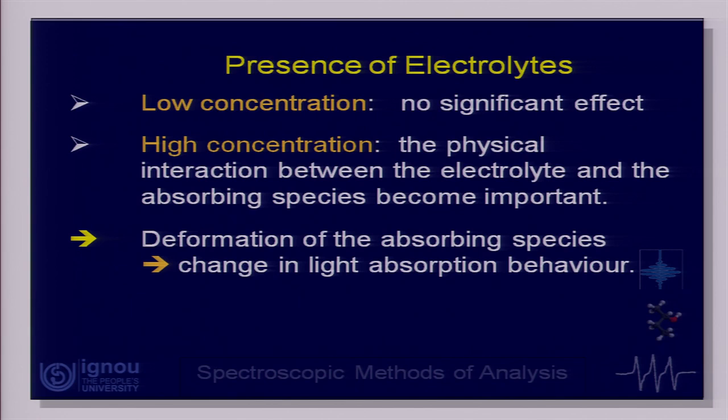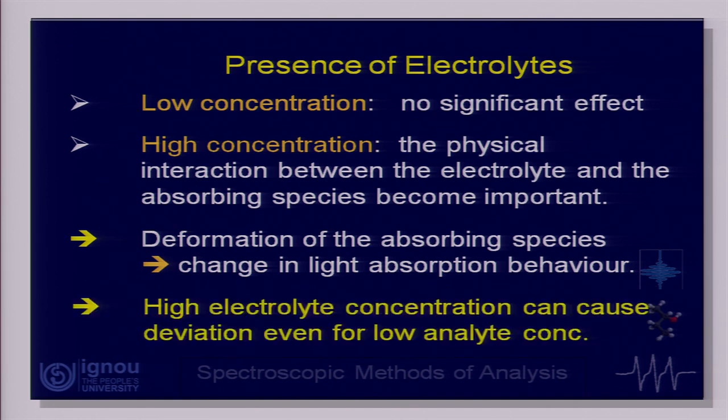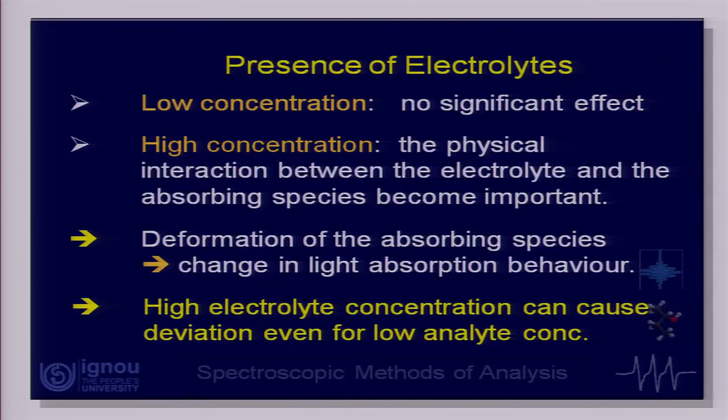This causes some kind of deviation because of the deformation of the molecule which is the absorbing species. What we observe is that if I am using a high electrolyte concentration, then even for a low analyte concentration, where in the first factor the law is observed, if the electrolyte is in high concentration, that also can lead to deviations.